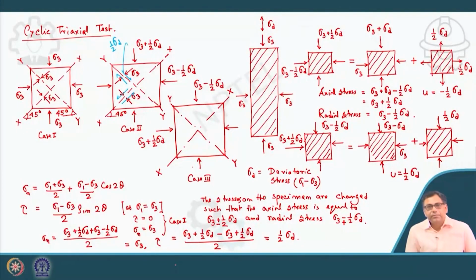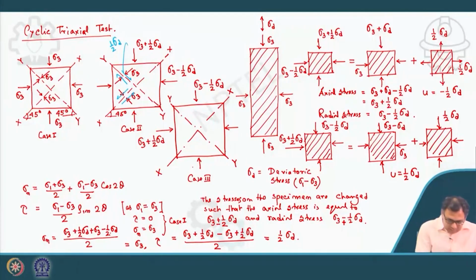Now, what will be the normal stress now? Normal stress will be here only this sigma 3 minus half sigma d plus sigma 3 plus half sigma d, the same, only the signs are changing. So here there will be no change in normal stress.